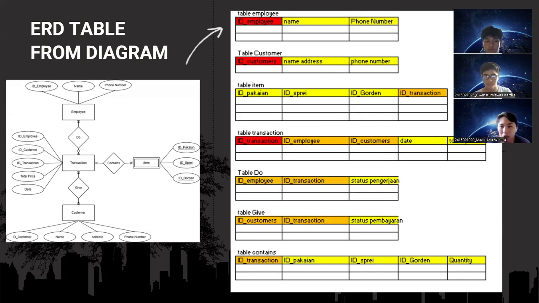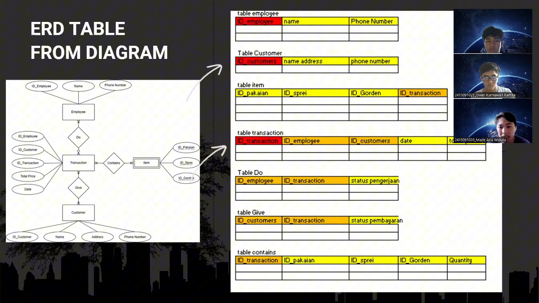The table employee has ID employee, name, and phone number of employee, and the table transaction has ID transaction, ID employee, ID customer, date, and total price. And transaction has a relation with customer, which is the transaction given to the customer.